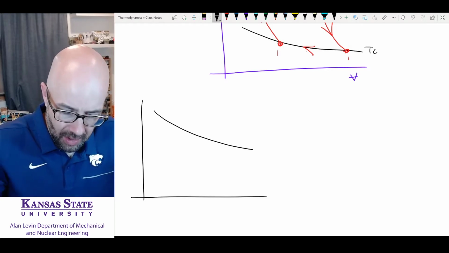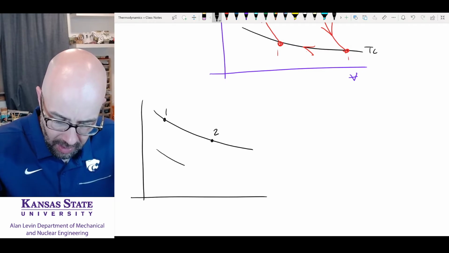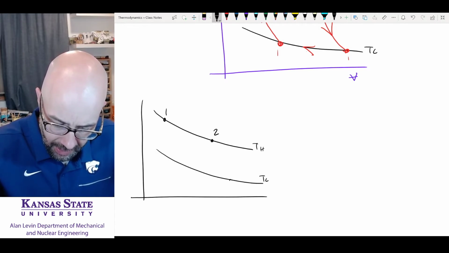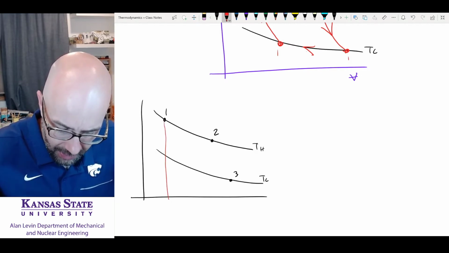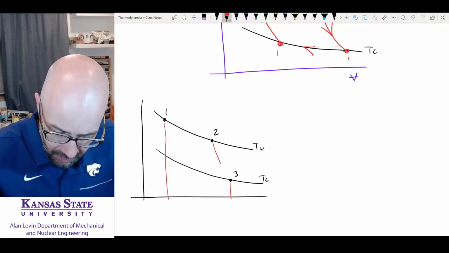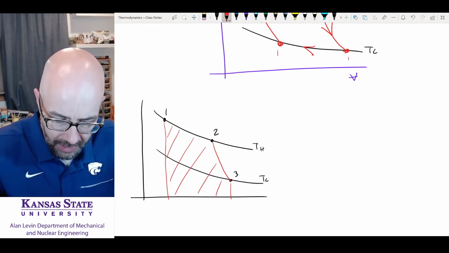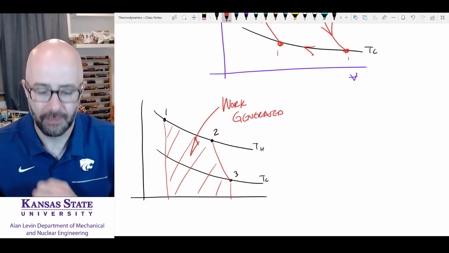When we go from 1 to 2 to 3, if you look at that, 1 to 2 to 3, this area under this curve, this is going to be the work generated. Okay, that's going to be the work generated.